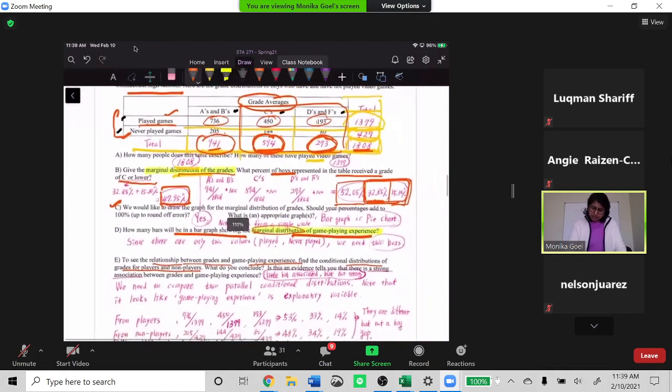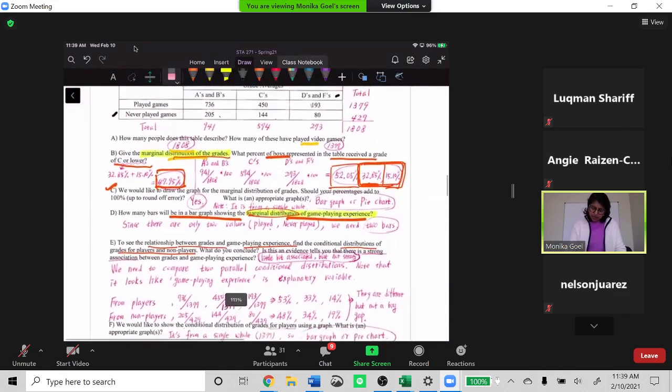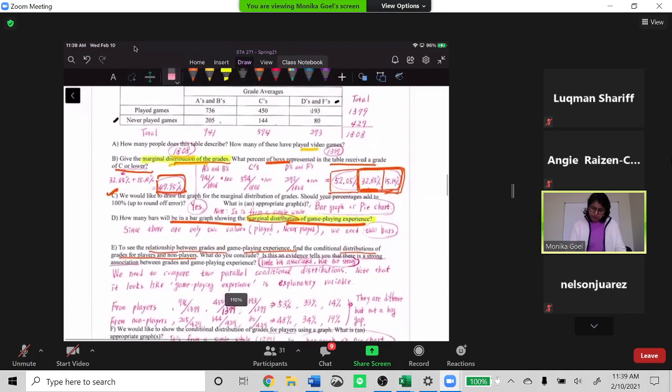And since it's here, let me use this table also at the top. So you can see that also and see where these numbers are coming from. So when we look at this table, we need to compare 2 parallel conditional distributions. And it says that game playing experience is the explanatory variable.